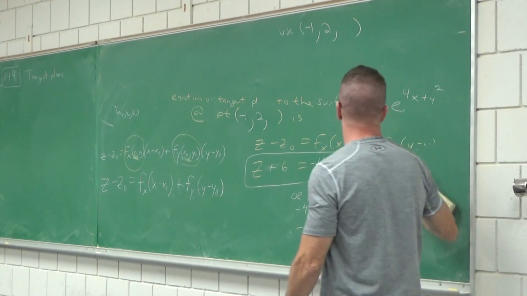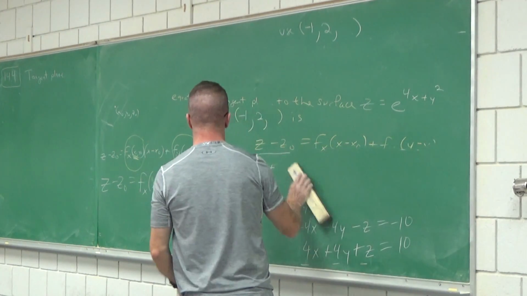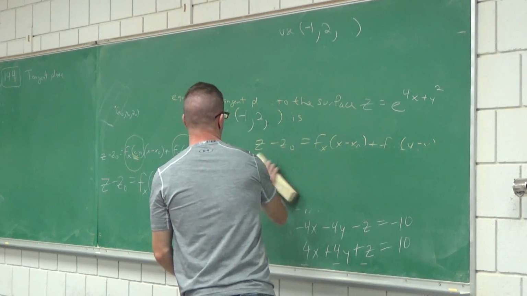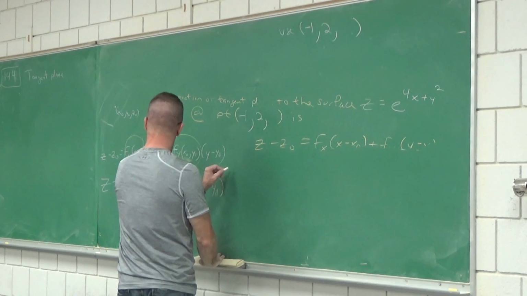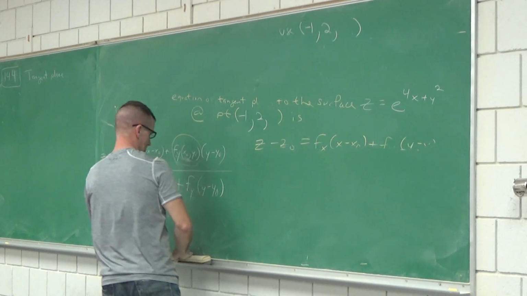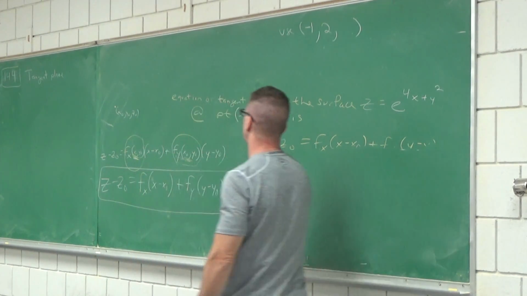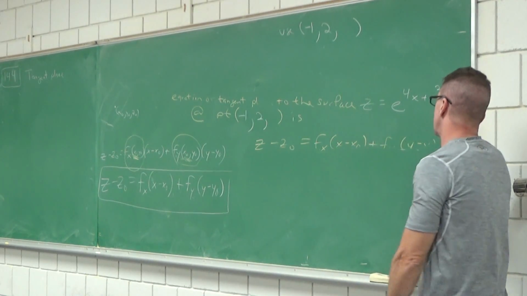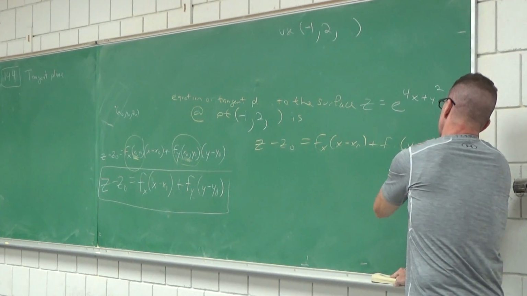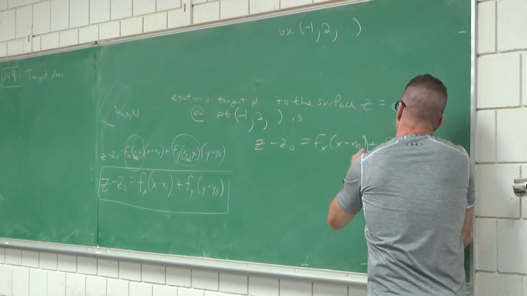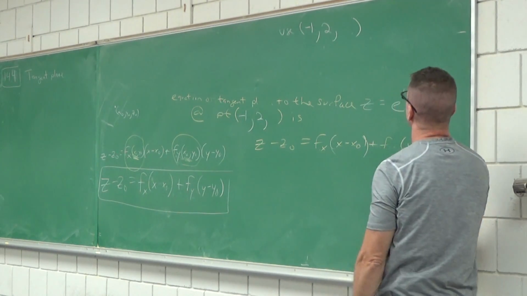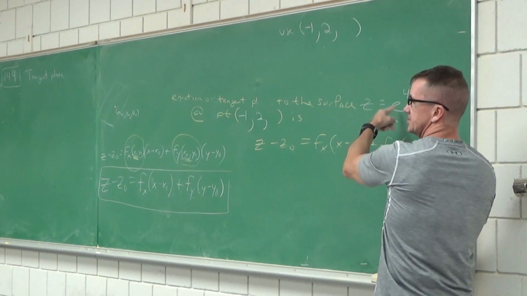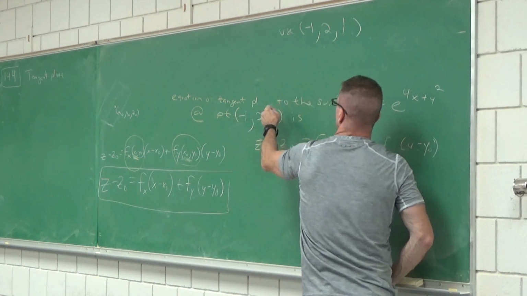That's the equation. So you have to plug those points in, right? Anybody know what that z value would have to be? e to the power 0 is what? 1. Good. I just made this up, so this would have to be a 1.